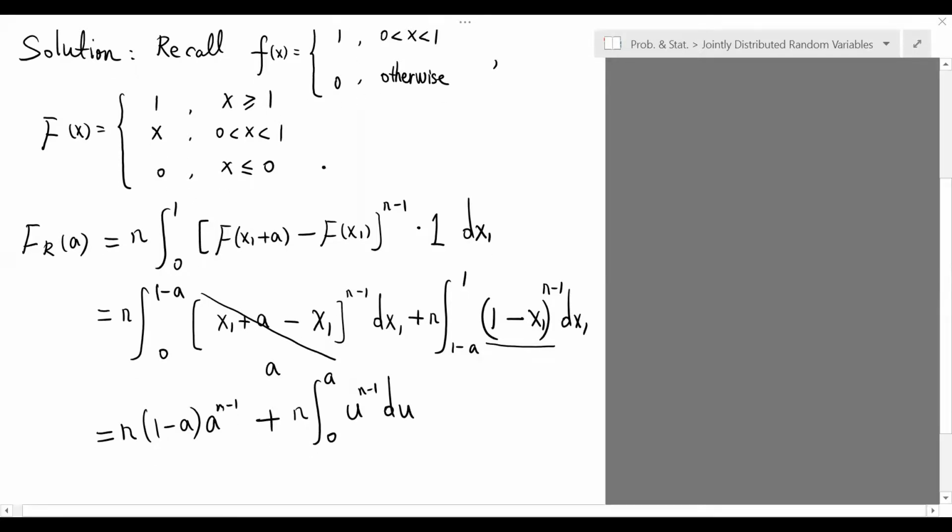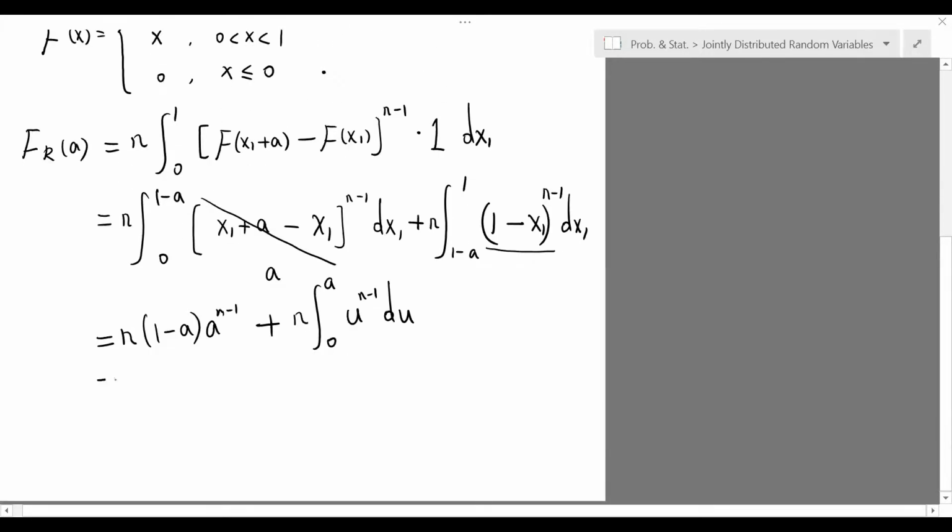Hence, we obtain the distribution function for the range, in this case given by n times 1 minus a times a to the n minus 1 plus a to the n for a in between 0 and 1.